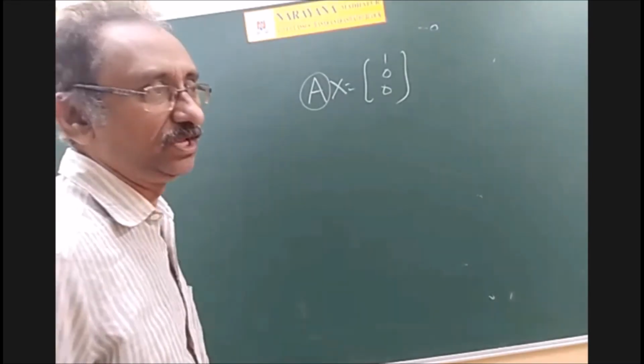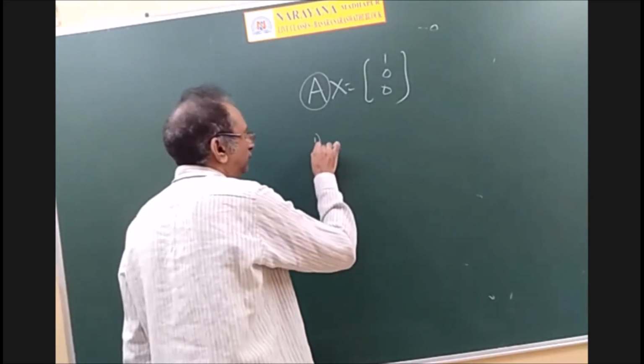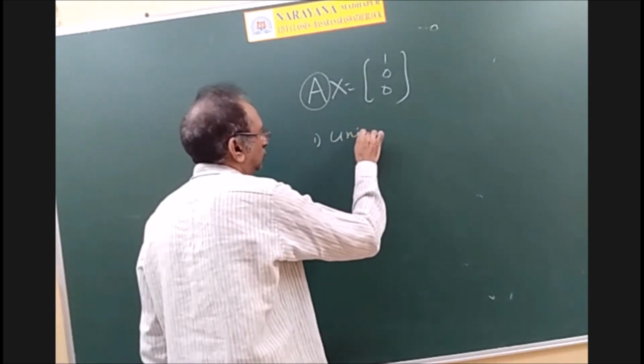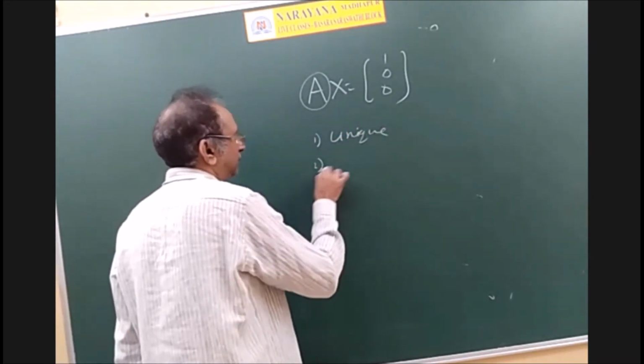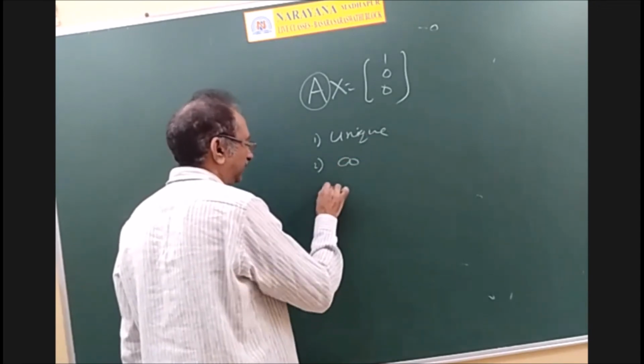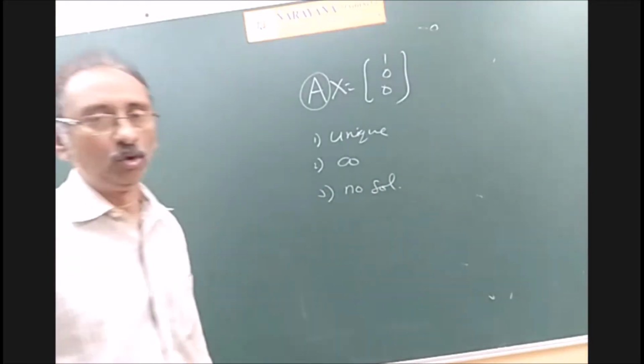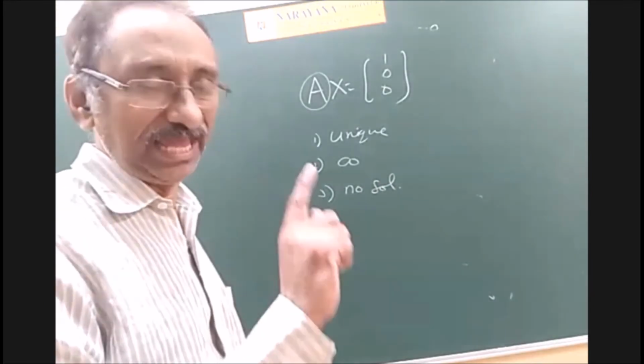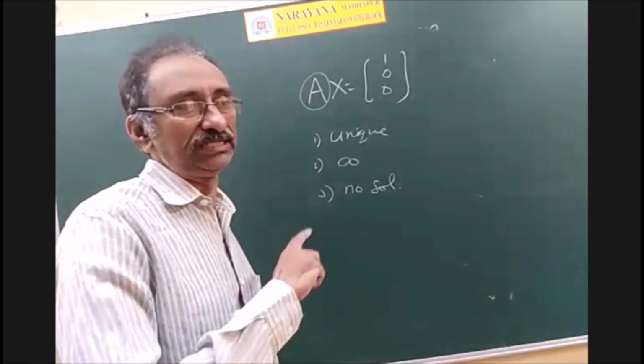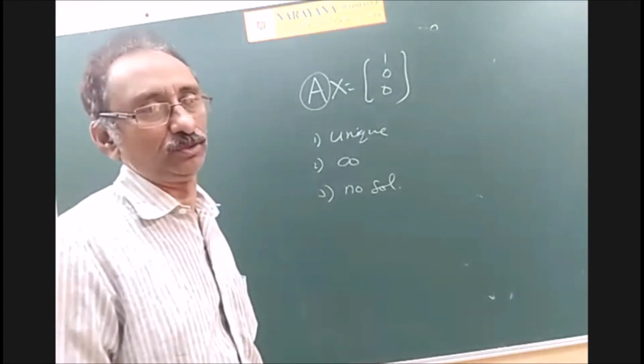It has only three possibilities. One possibility is unique solution. Second possibility is infinitely many solutions. And third possibility is no solution. So it cannot have two solutions, three solutions, or finitely many solutions like this.